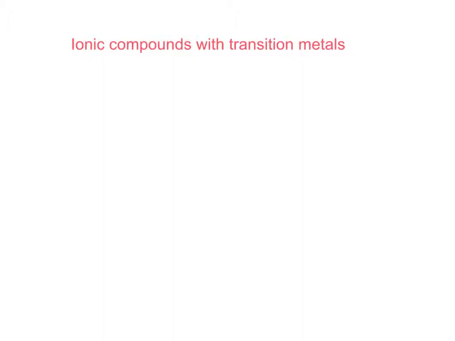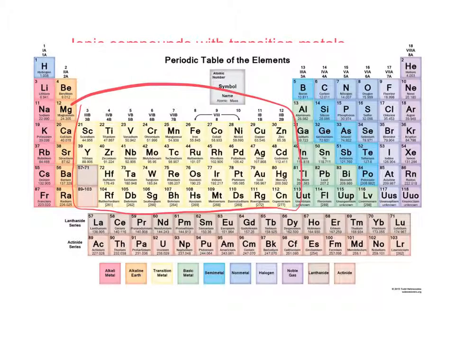Now you may be wondering, what about those other elements? We only considered metals that are in group 1A, 2A, 3A, but what about those metals that are located between groups 2A and 3A? Those elements are known as the transition metals. These elements right here, from group 3B over to group 12, 2B here, are called transition metals. Transition metals are metals, and they're going to form positively charged ions, cations.